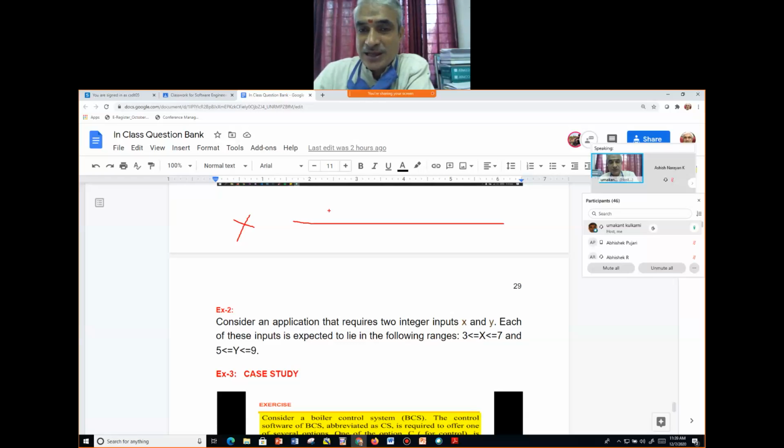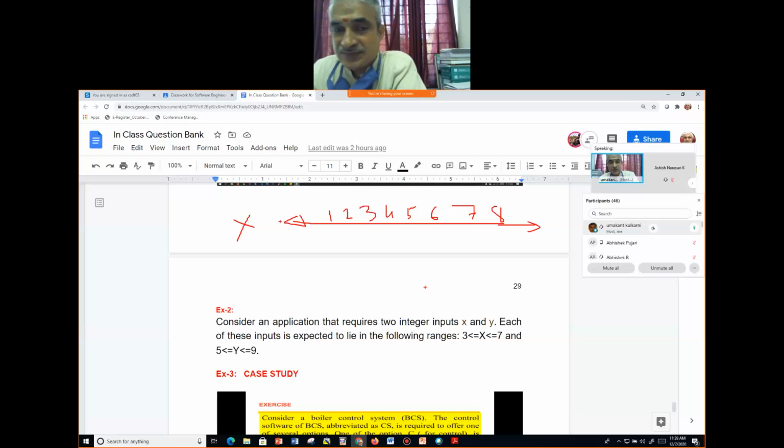So you have x values 1, 2, 3, then 4, 5, 6, 7, 8. It grows like this toward positive infinity, and negatively it grows like this: 0, -1, -2, like that. If you take a single variable, fine.